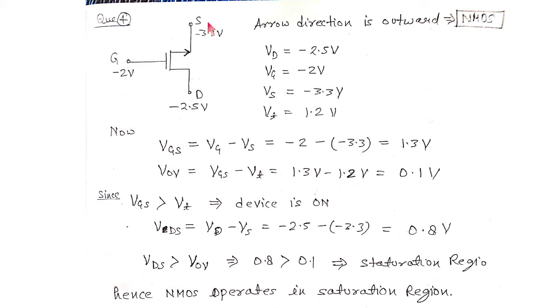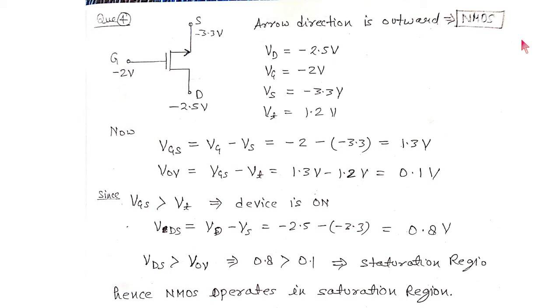Now the source terminal is on the upside, the counterpart, the downward terminal, is drain, and this terminal is G. From the potentials applied to source, drain and gate, Vd is equal to 2.5, Vg is equal to minus 2, and Vs is equal to minus 3.3. Since the arrow direction is outward, it means this device is NMOS, and for NMOS the threshold voltage is positive 1.2.